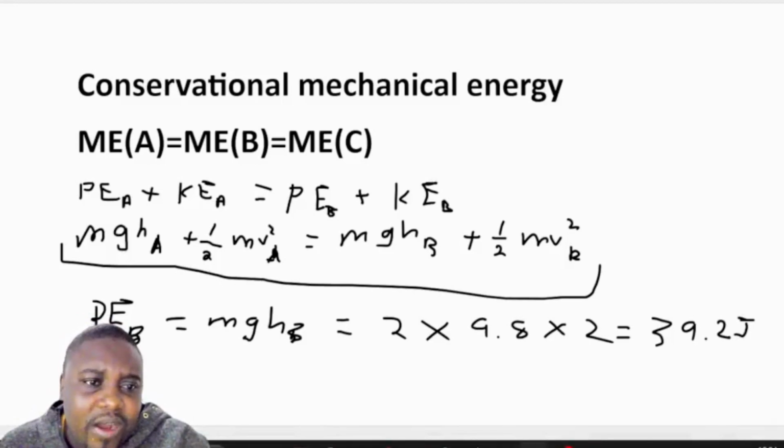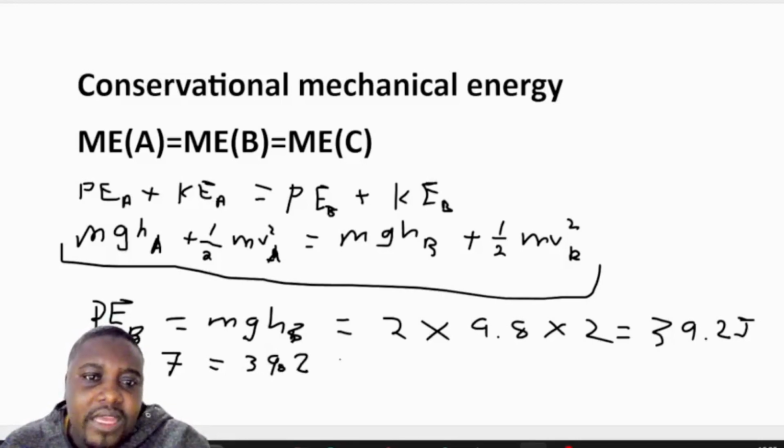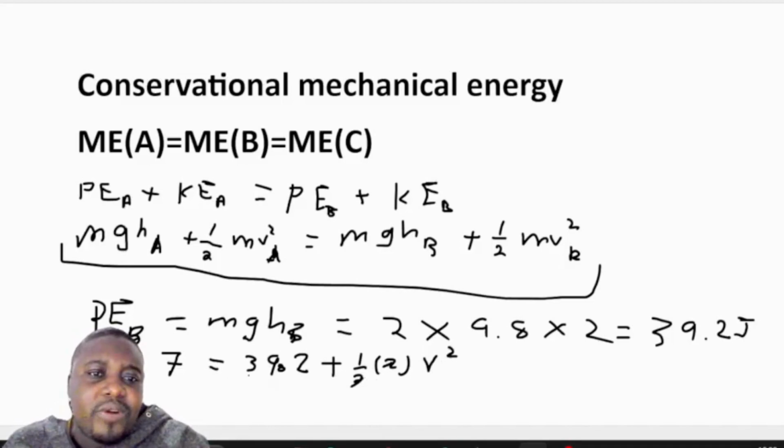So 107 is going to be equal to the PE at B, which we found is 39.2, plus 1 over 2 mv squared at B. We know the mass is 2, but we don't know the velocity at B. So the 1 over 2 and the 2 cancel each other. Then we take 39.2 to the other side.